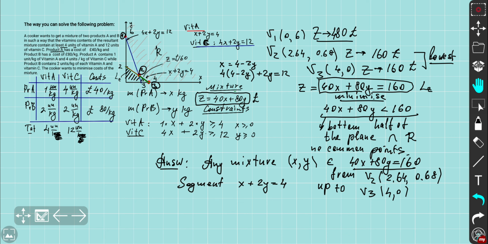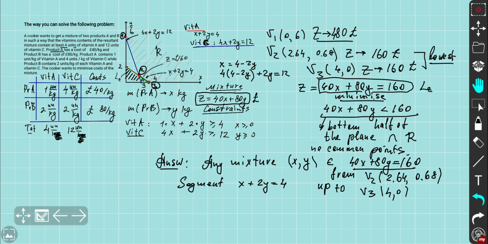Yes, because actually 40x plus 80y less or equal 160, that was the boundary case, that was the objective function that we get from the lowest values. Okay, and then we analyze the bottom half of the plane, and we're looking for common points.